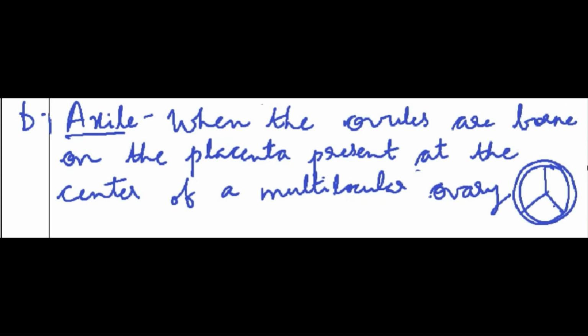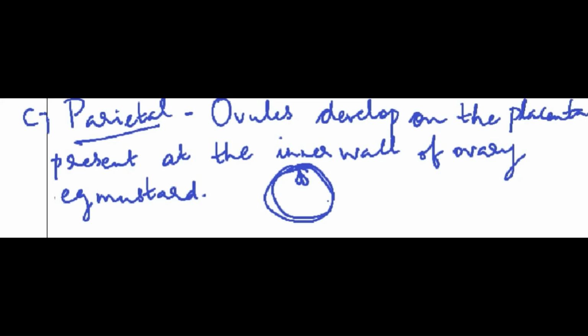And the ovules are attached towards the center. This type of placentation is called axile, where ovules are present in the center of a multilocular ovary.